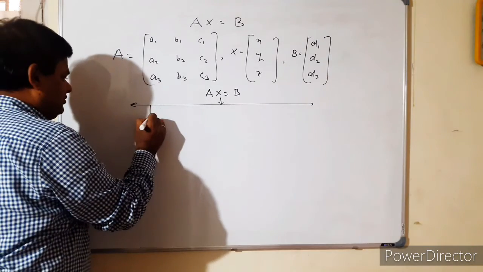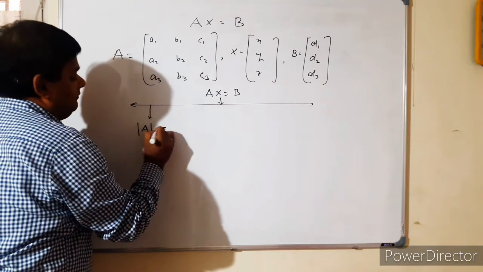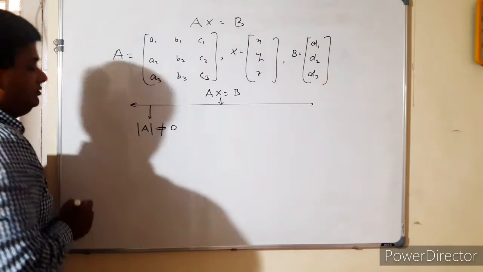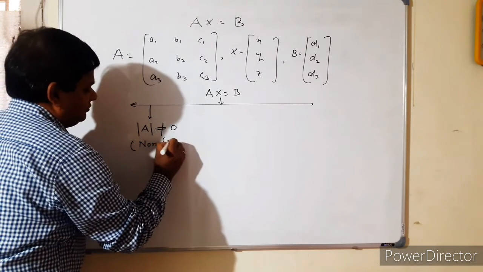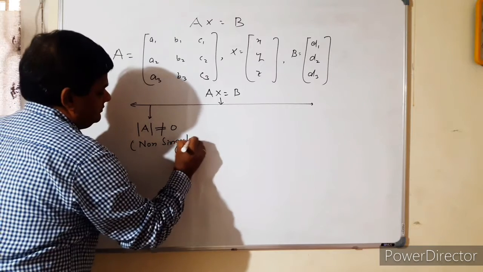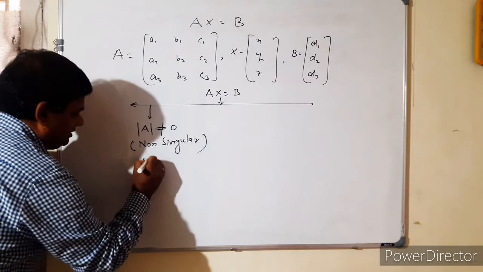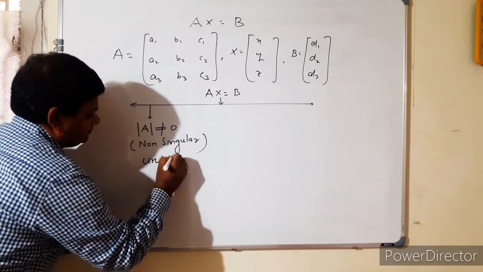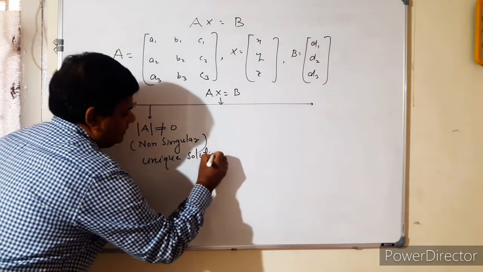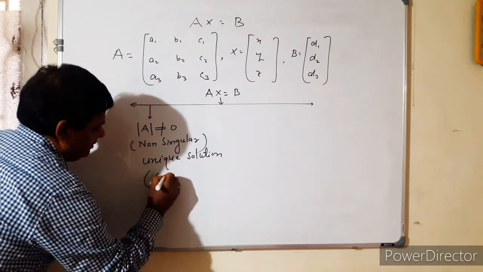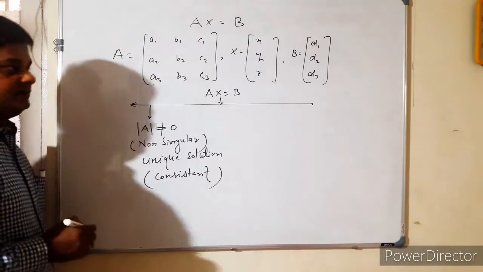First of all, you have to find determinant A. If determinant A is not equal to 0, it means non-singular. Non-singular means the given system of equations has a unique solution, or we can write consistent solution means consistent.